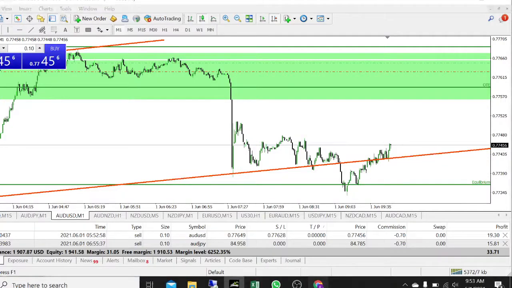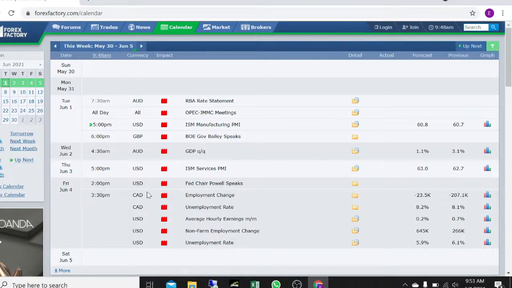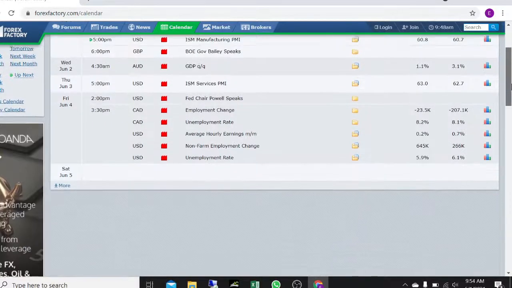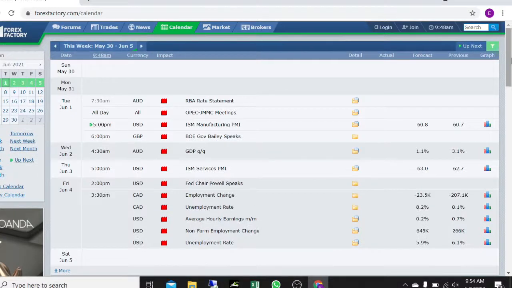So next time I'll be going to look at the evening, how the ISM manufacturing PMI will play out, and also I'll look at Friday. This one is a must trade. So this week I have like 2 trades.